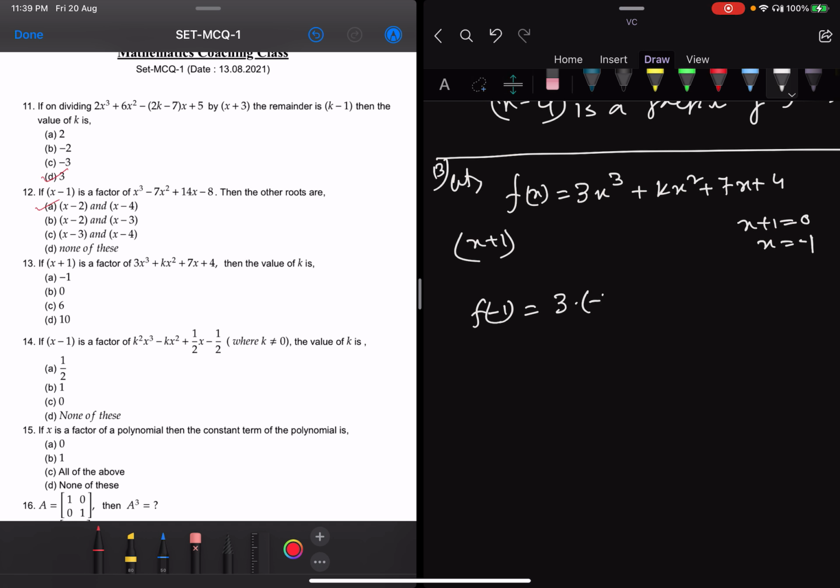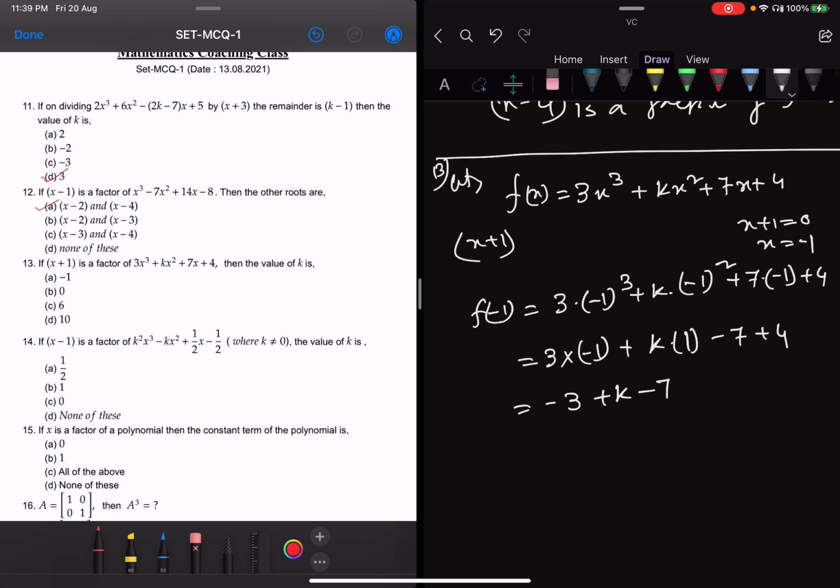That is 3 into minus 1 whole cube plus k into minus 1 whole square plus 7 into minus 1 plus 4. That means 3 into minus 1 plus k into 1 minus 7 plus 4. It's minus 3 plus k minus 7 plus 4. That means it is k minus 10 plus 4, minus 6.